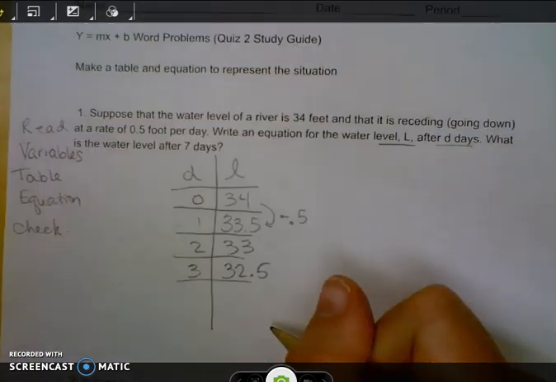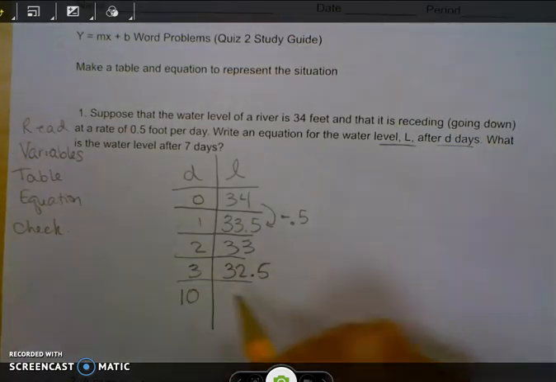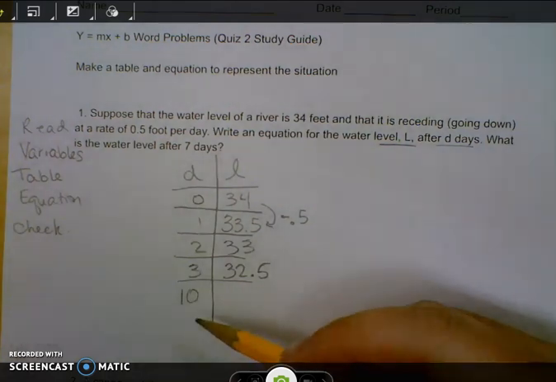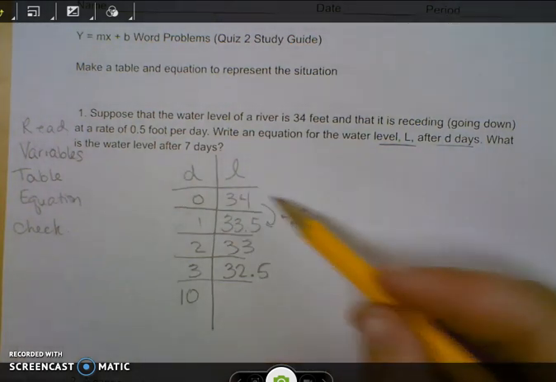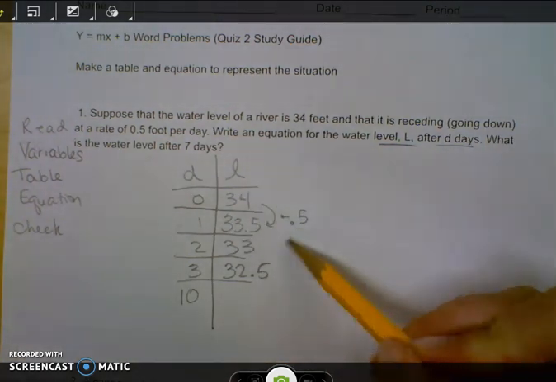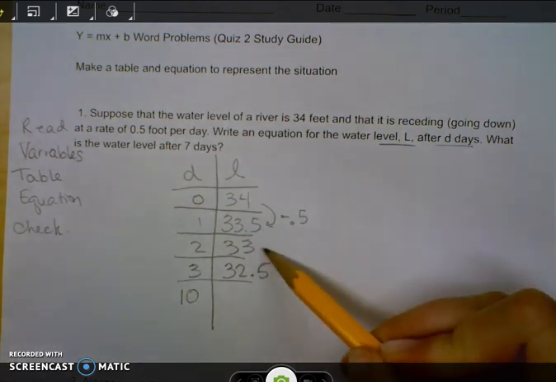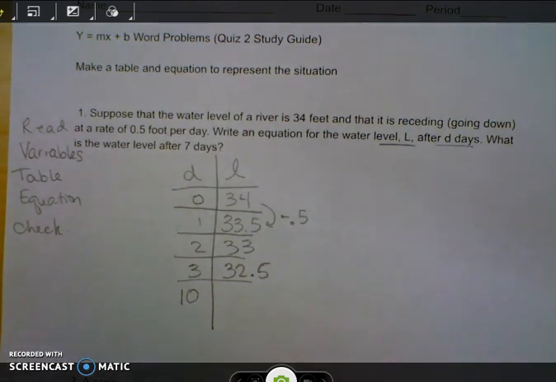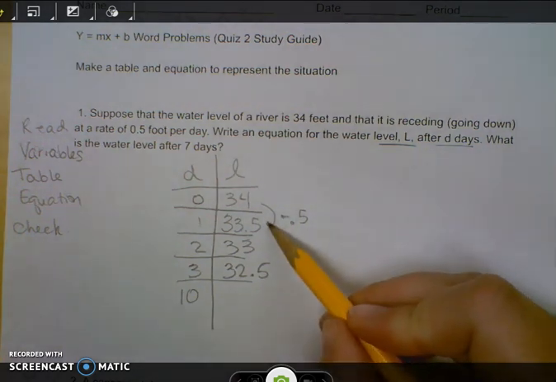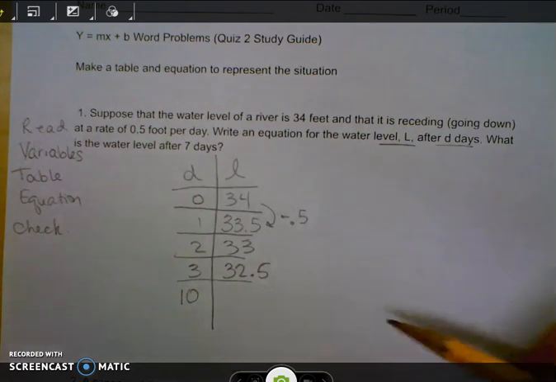Now if I make a big jump and I say, what about 10 days? So if my water level recedes for 10 days, that means I'm going to have to repeat that 0.5 10 times. So I don't really want to do that because that's a lot of steps. I'm going to use multiplication to shorten that up.